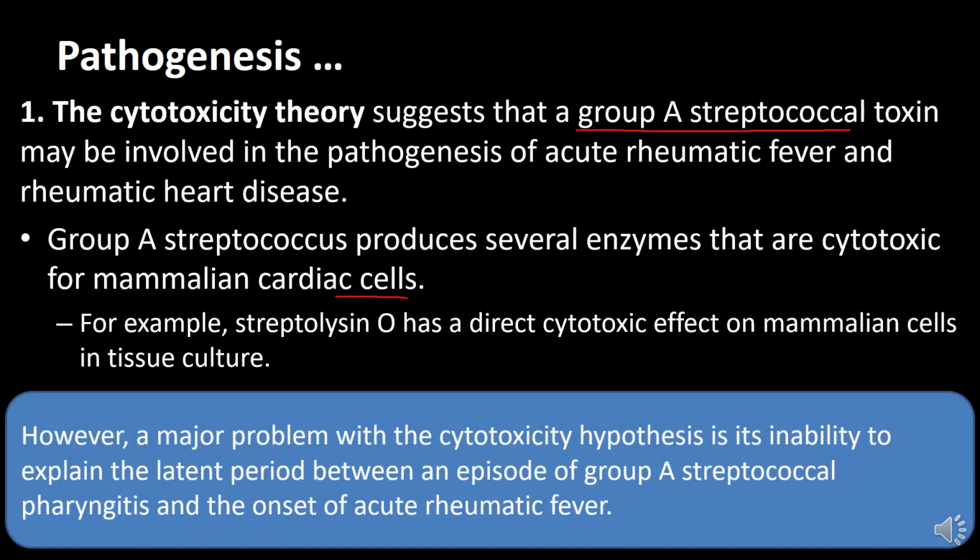However, this theory falls short of one thing. It fails to explain why there should be a long latent period of 2 to 3 weeks between the episode of the throat infection and the development of acute rheumatic fever. That is the weakness of this particular hypothesis.